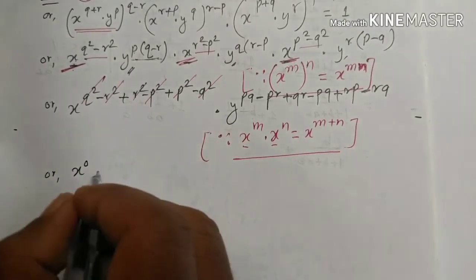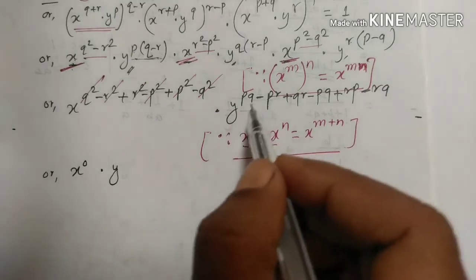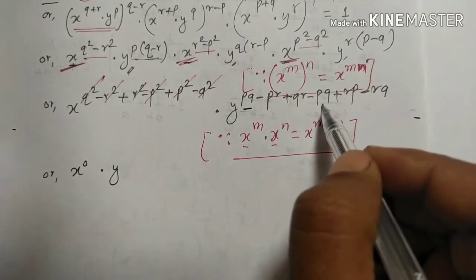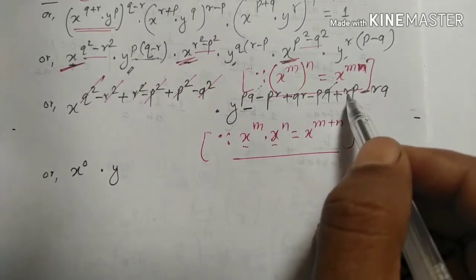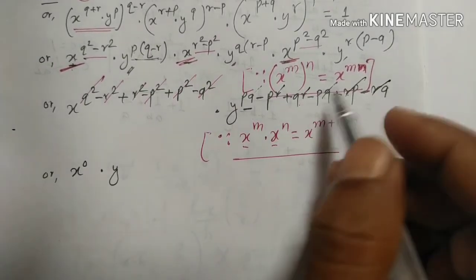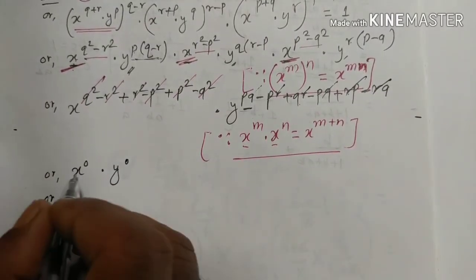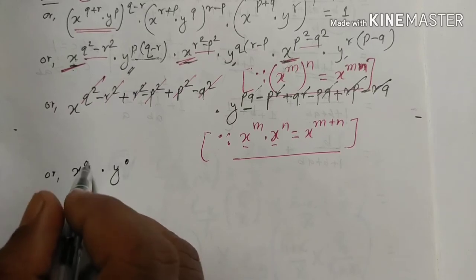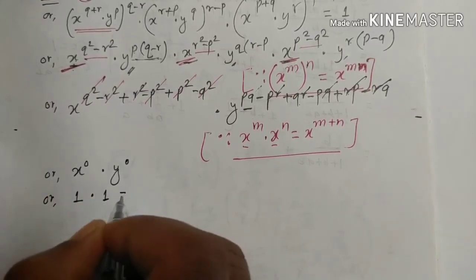Now y, here also you can see pq is plus and pq is minus, so cancel out. Minus pr and plus rp cancel out. Minus qr and plus qr cancel out. So x power 0 is equal to 1, y power 0 is equal to 1, this is equal to 1.